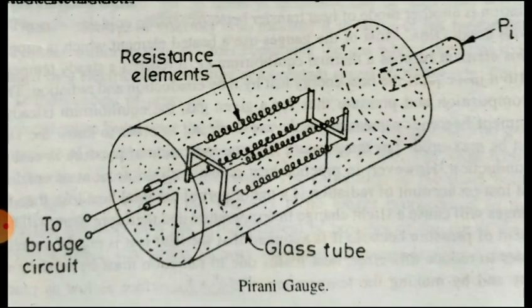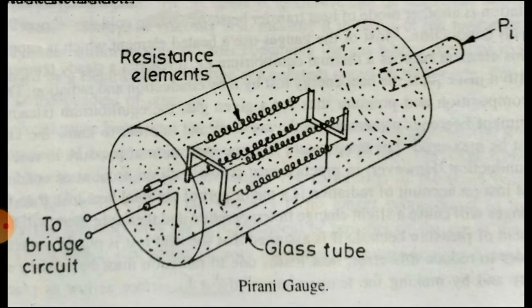The Pirani gauge, like the thermocouple gauge, is a device that measures the pressure through change in thermal conductivity of a gas, which changes the temperature of a heated element. So there is a change in thermal conductivity which changes the temperature of the heated element, and that temperature you can measure. The functions of heating and temperature measurement are combined in a single element.